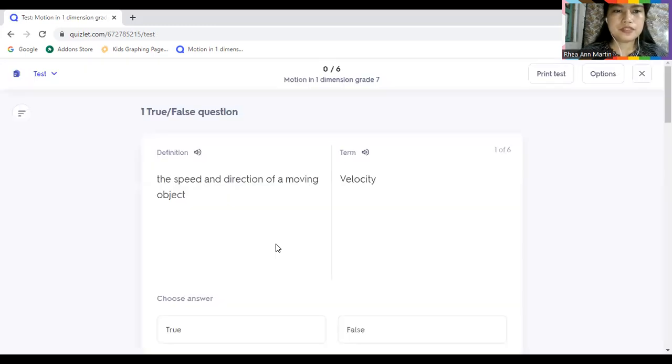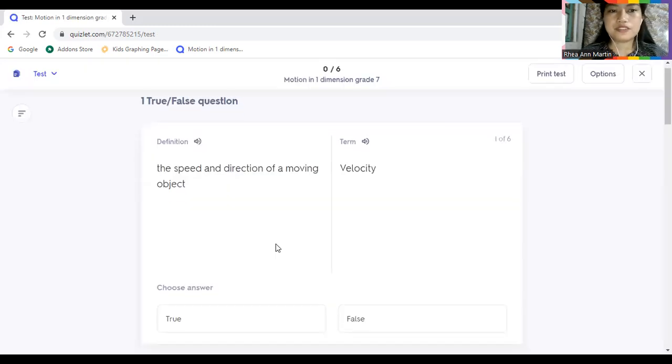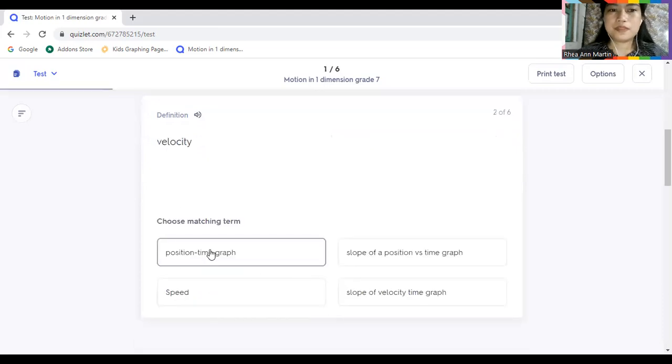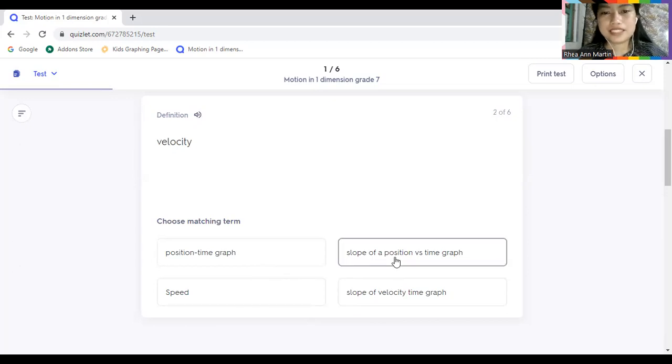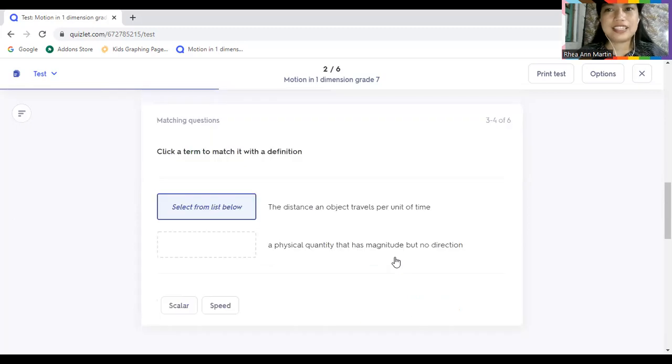So, first question, the speed and the direction of a moving object. Ang term ba na ito ay velocity? Is it true? Speed and the direction of a moving object. Ewan ko. Diba? Marami siyang pagpipili. But please, I'm just clicking anything. Baka naman gayahin nyo.